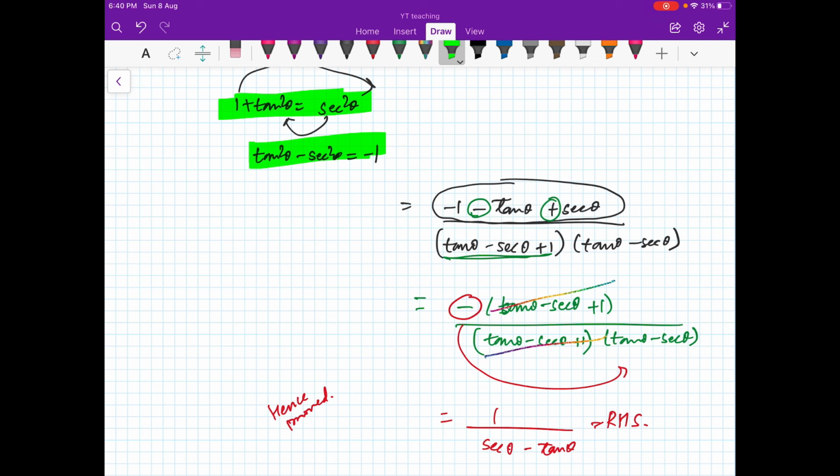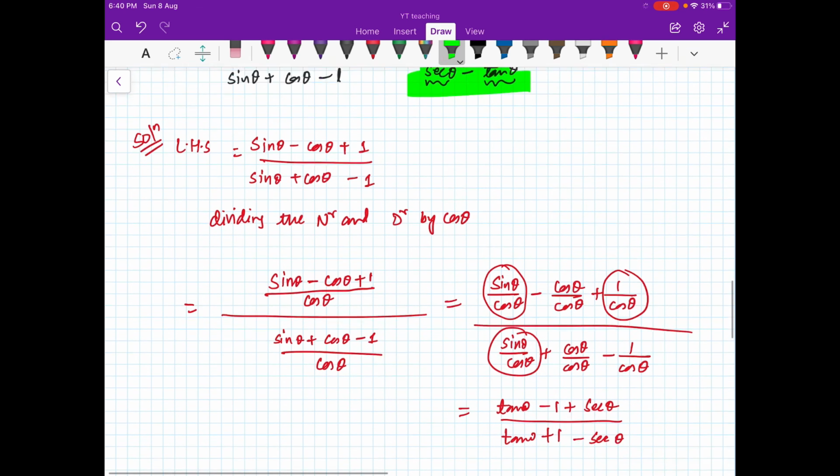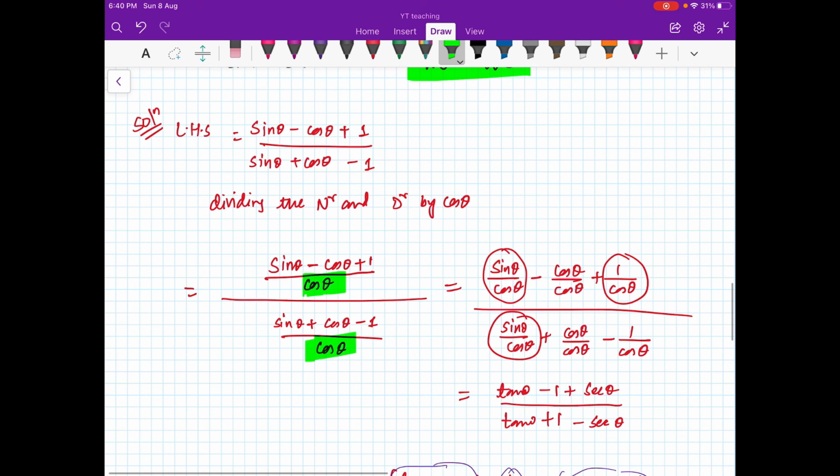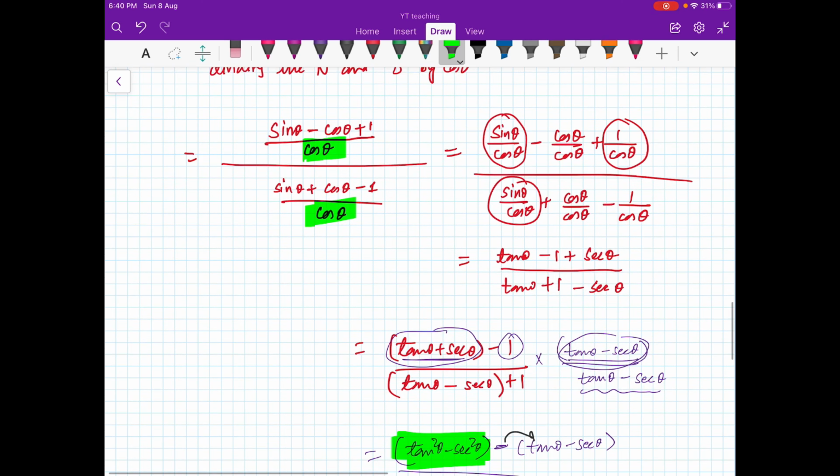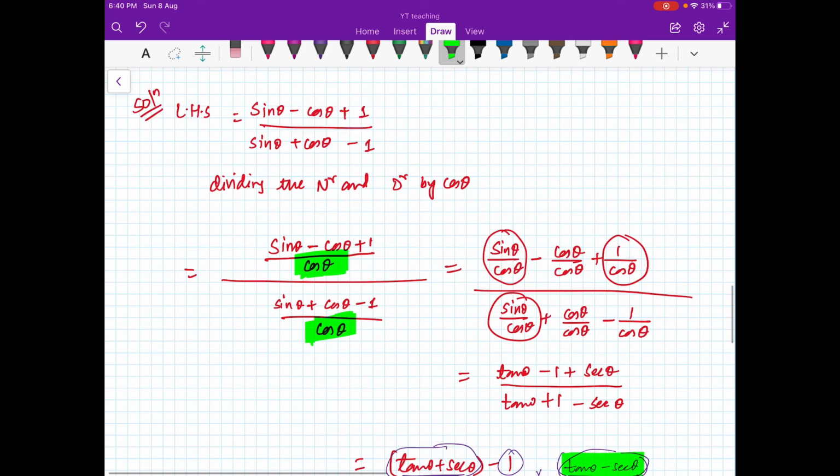But obviously it is not only this identity, you have done so many more things. For example, you divided with cos theta in the first place, then you multiplied and divided by tan theta minus secant theta. So why are we doing these things? You have to practice. For example, why I divided with cos theta: because I want to have terms like tan theta and secant theta, because that is what I have to prove.